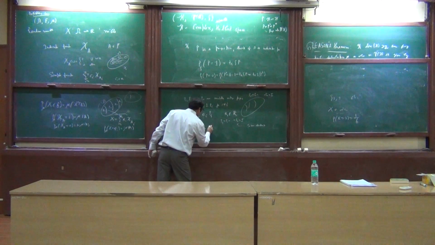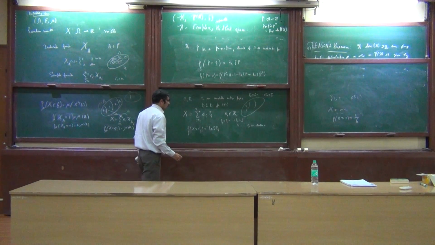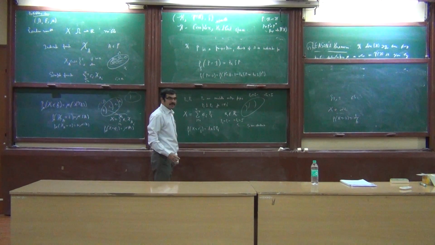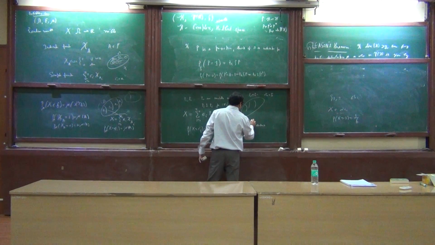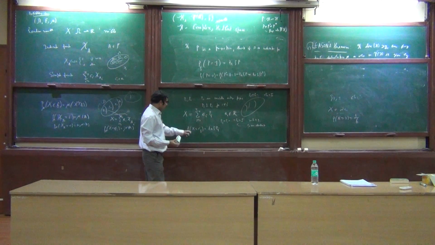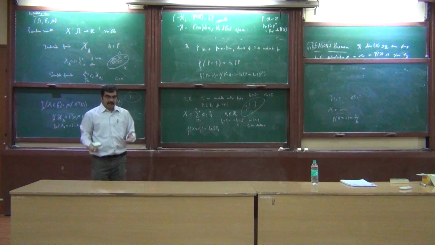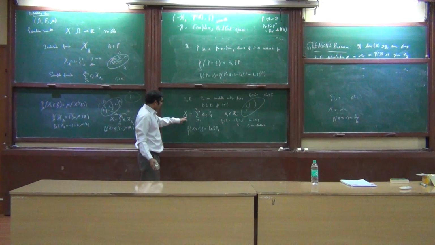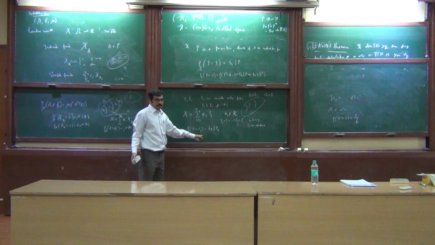Without loss of generality, because otherwise you just merge the subspaces. So the probability that X equals Cj is trace rho Pj. In other words, if I have the spectral decomposition for X, then I can compute the probabilities.